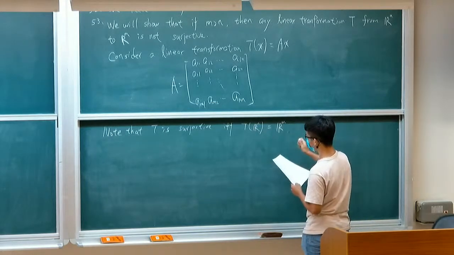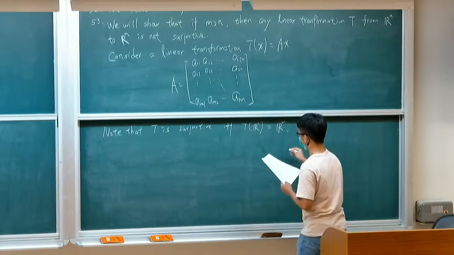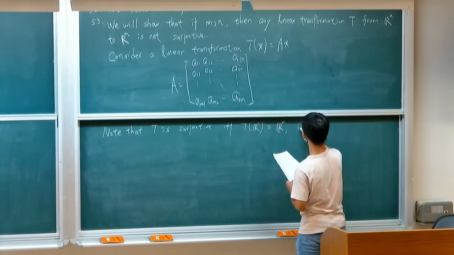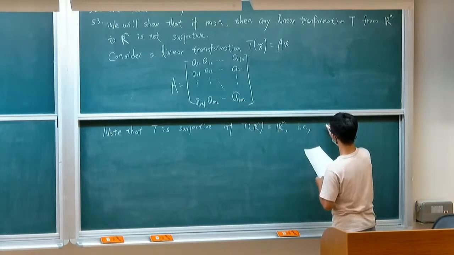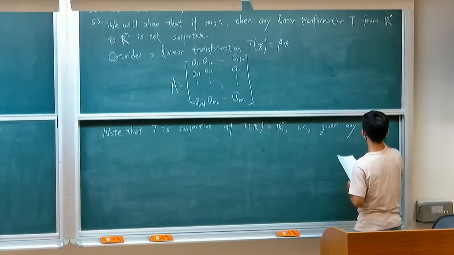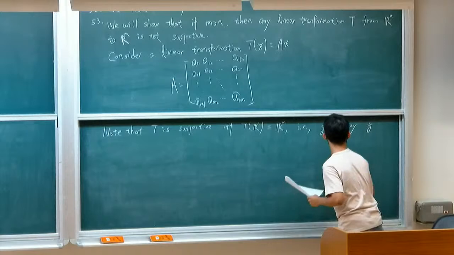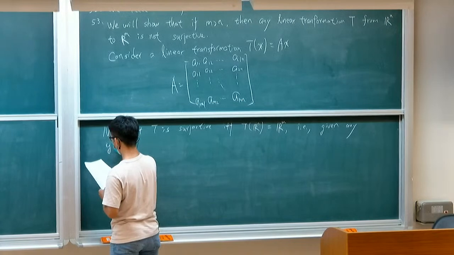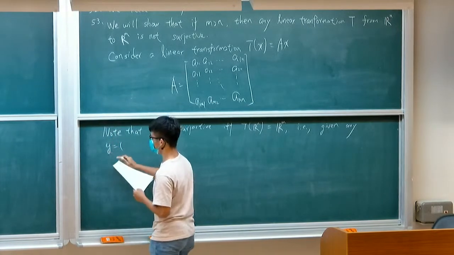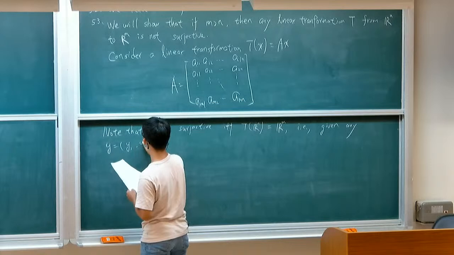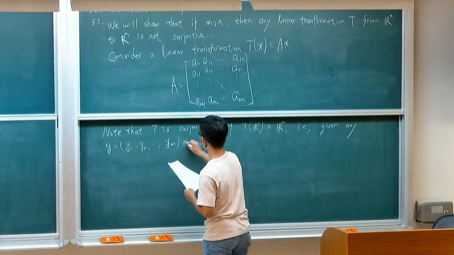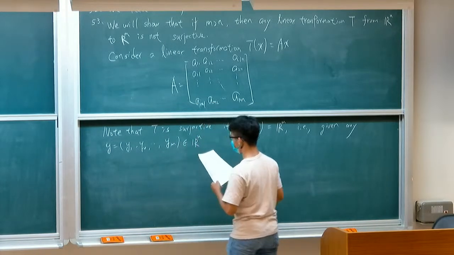So this means given any y, we write this vector y as (y1, y2, ..., ym) in Rm.